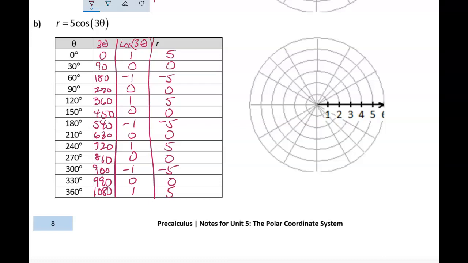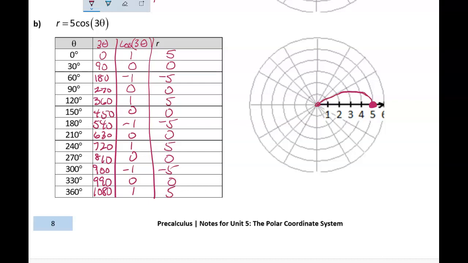All right, so at 0 degrees, the radius is 5. And then by the time we get to 30 degrees, the radius is 0. So between 0 and 30 degrees, in that wedge, the radius went from 5 down to 0.